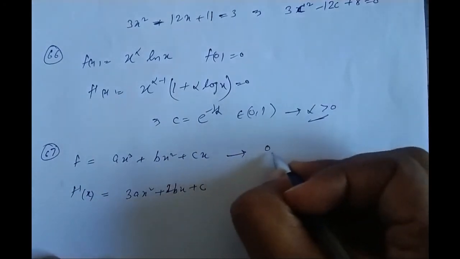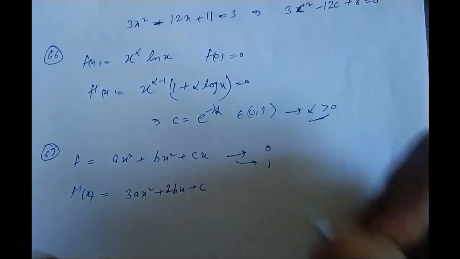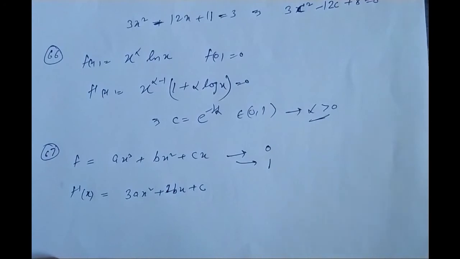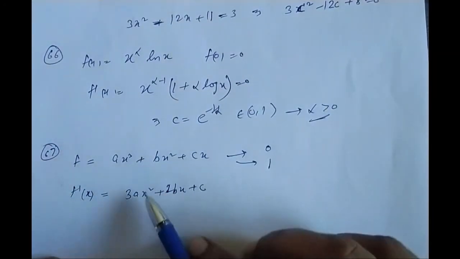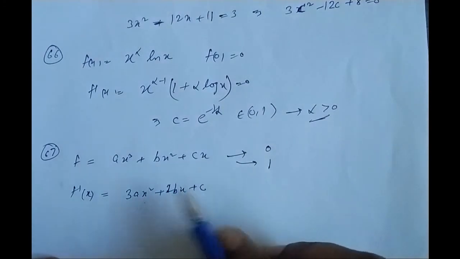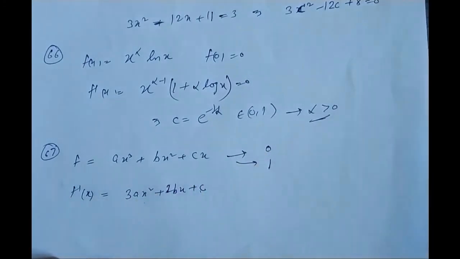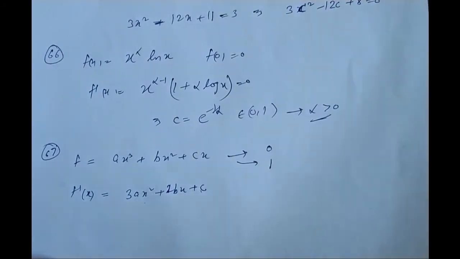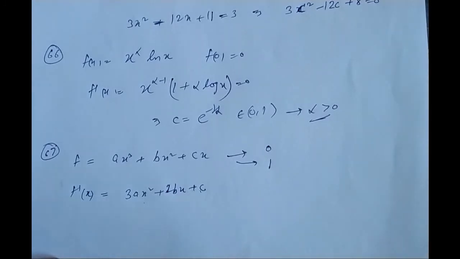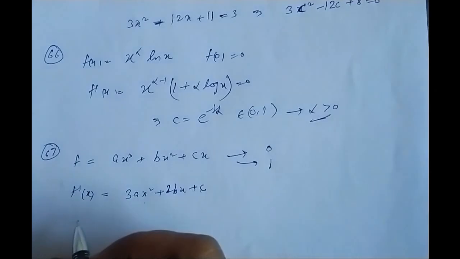This has a root 0 and this has a root equal to 1. Okay, so there will be at least one root of this equation f dash between 0 and 1. F dash will also be 0 between 0 and 1 at least once. Okay, so moving to question number 68.